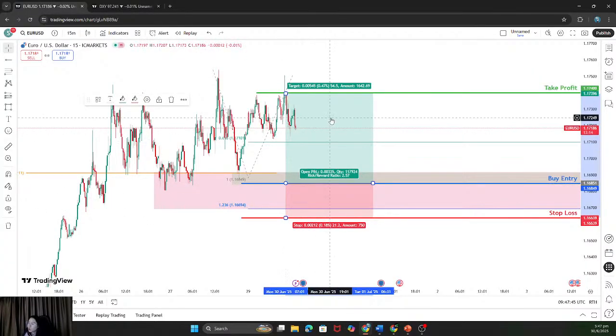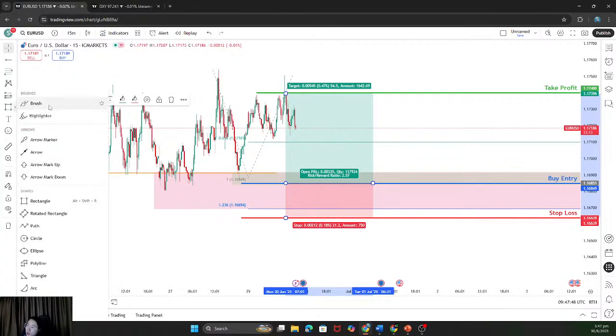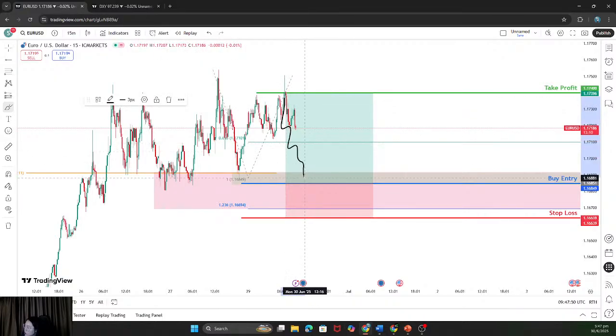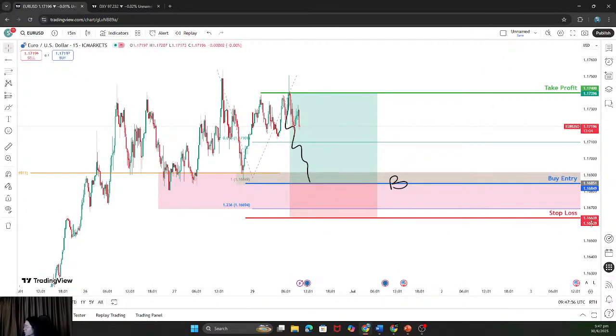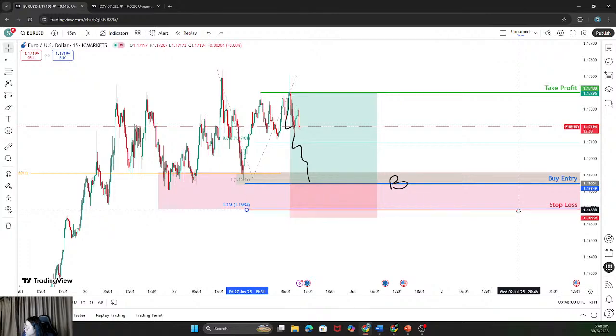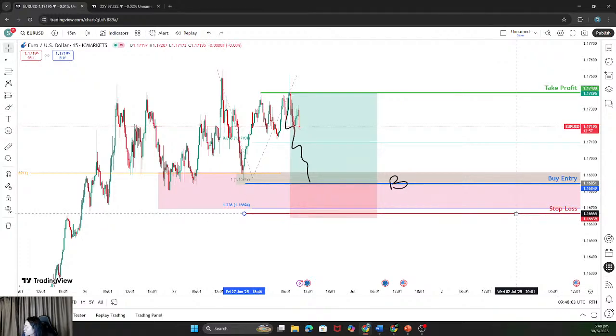If price pulls down to this area, I want to get in for a buy here. Stop loss can be here, right? Stop loss can be 1.6639 or maybe 1.6660, somewhere around here.